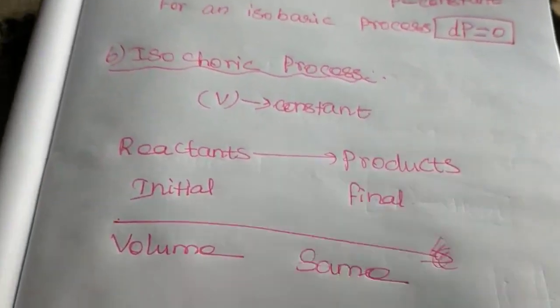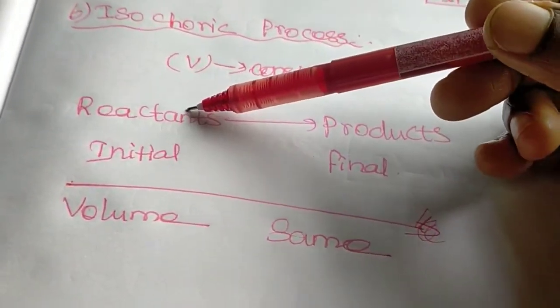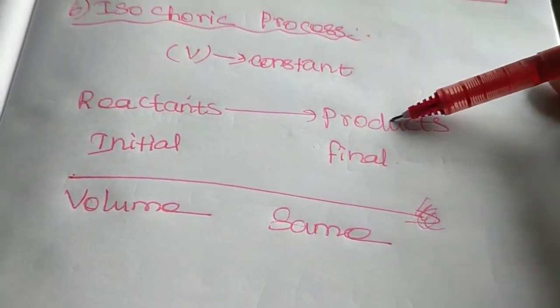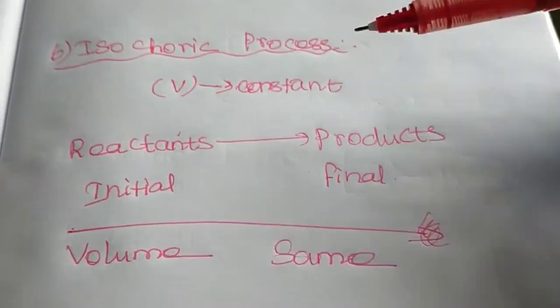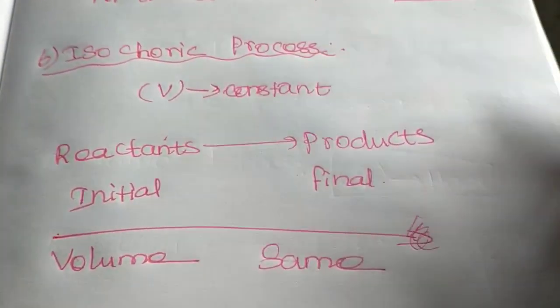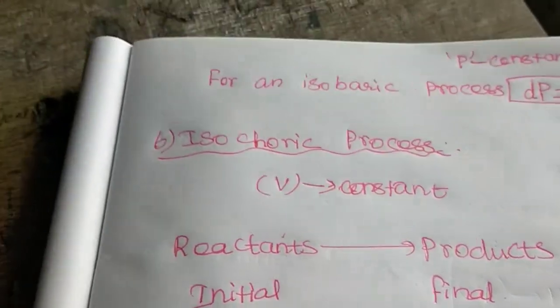When you measure the volume of the reactants, it is always equal to the volume of the products. That type of process is known as an isochoric process.